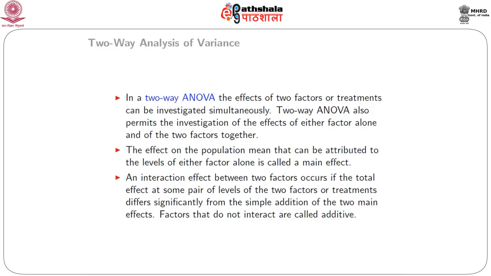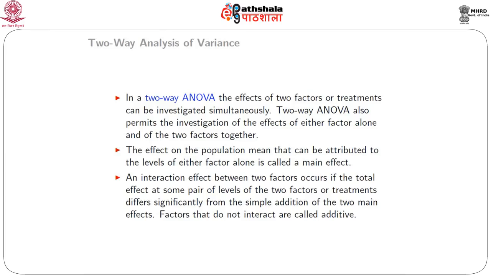Thus, this is useful in a situation where you have one output which is possibly being influenced by two inputs, like the total yield of a certain crop may be influenced both by the type of the crop as well as by the system of irrigation being used.